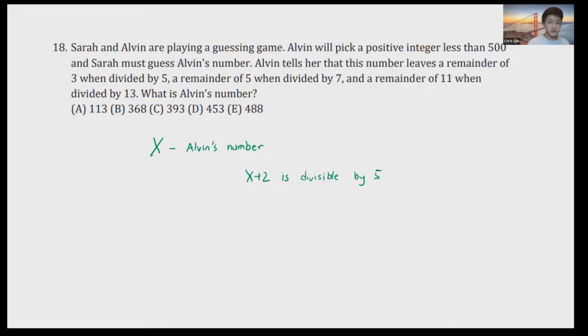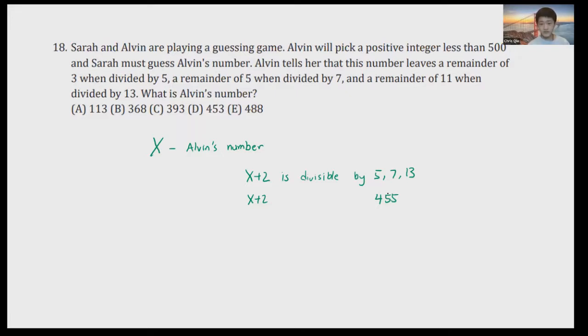And since it also leaves a remainder of 5 when divided by 7, X plus 2 is going to be divisible by 7. And similarly, since it leaves a remainder of 11 when divided by 13, X plus 2 is going to be divisible by 13. So X plus 2 is going to be divisible by 5, 7, and 13. And so X plus 2 is divisible by the product of these three, which is going to be 455.